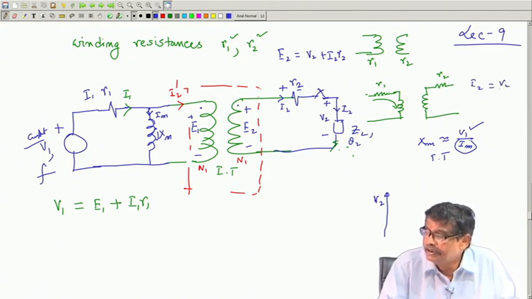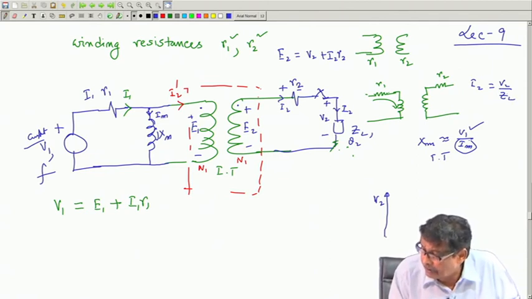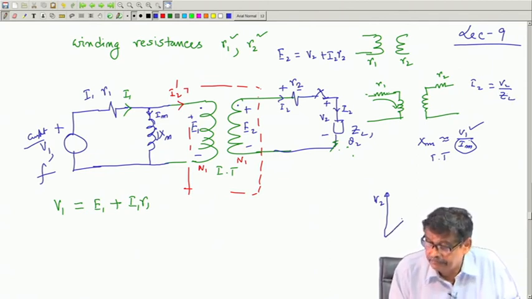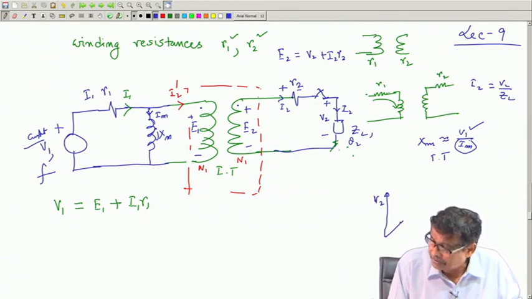is V2 by Z2, and I2, suppose lagging power factor load, I2 will lag here. I2 will be higher, no? Low voltage side I assumed, I mean while drawing. Okay. So, I2.